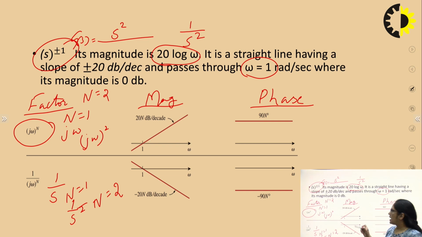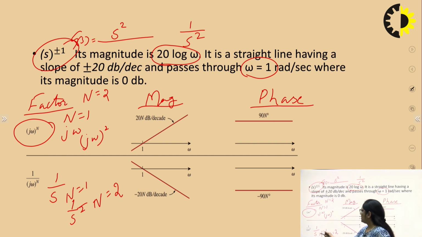dB. At this point, when omega is equal to 1, that is on the x-axis frequency line, in case of a zero, it is a rise of 20 dB per decade, that means plus 20 dB per decade. And in case of a pole, we are talking about the zero at origin or the pole at origin.